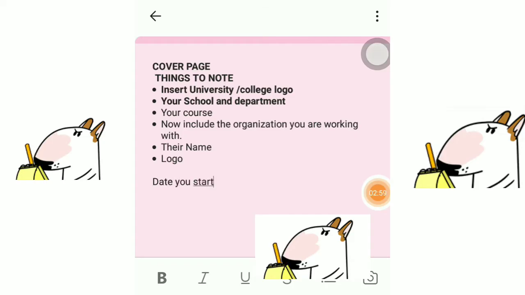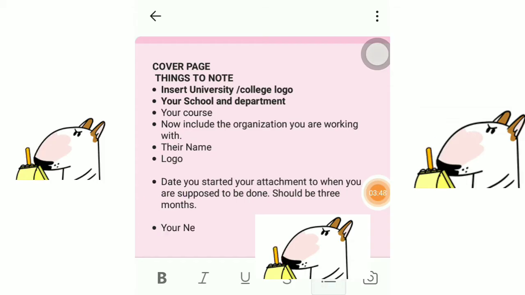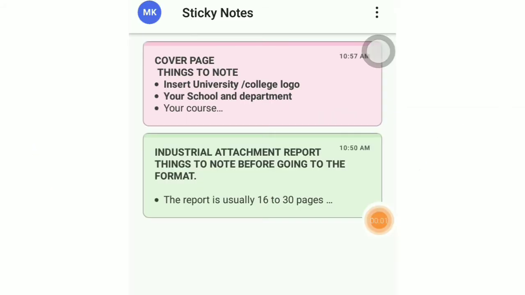It could be Kenya Revenue Authority, it could be Kenya Marine Authority, and then include the date which you started your attachment and the day which your attachment is supposed to end, and it should show that you did your attachment for 3 months. Then write your name, your admission number, your email, and the date of submission. That's all about the cover page.